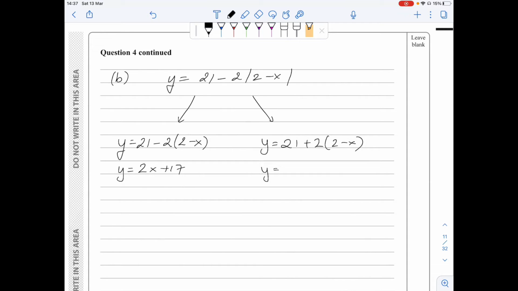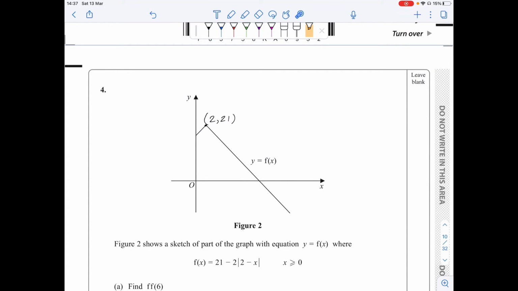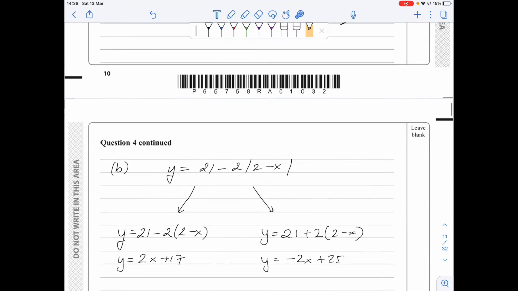I can simplify this one as minus 2x plus 25. And note, the left one has a positive gradient, the second one has a negative gradient. So the first one with a positive gradient is this part to the left of the vertex, and the other one is to the right of the vertex.